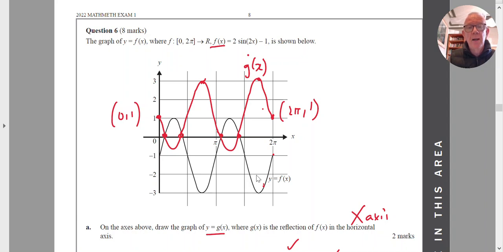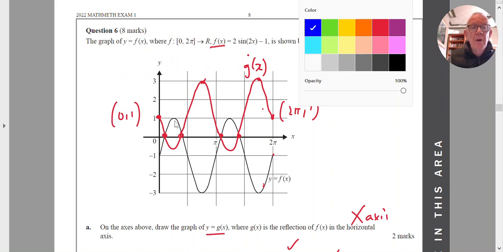So I need to think about how far did I move sideways and how far did I move up. So what I need to do is think about my movements.